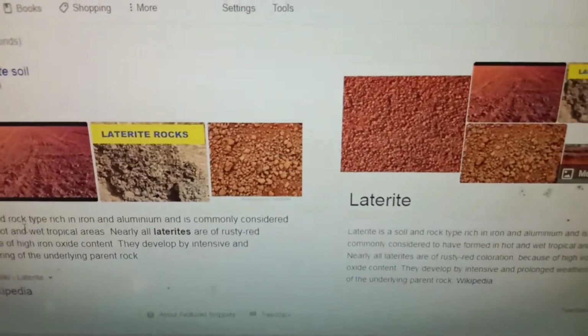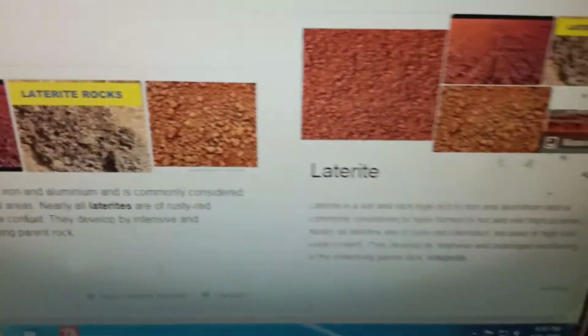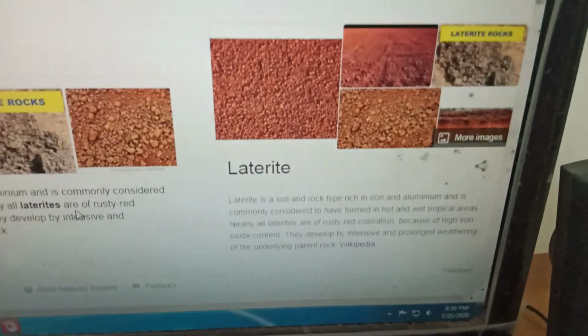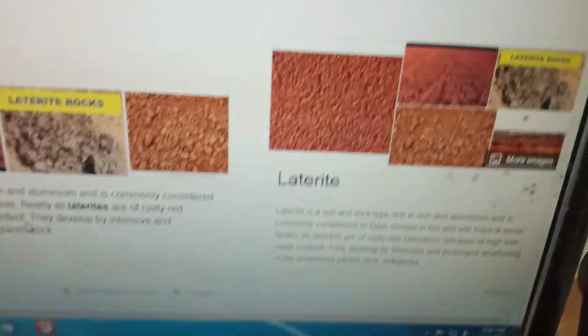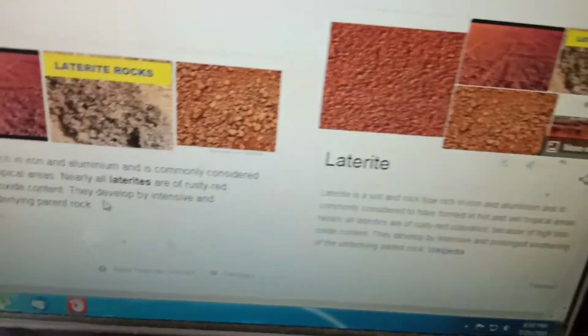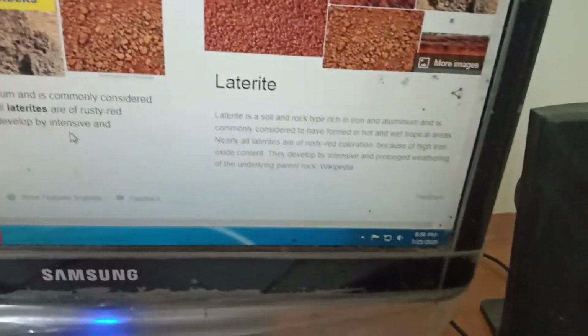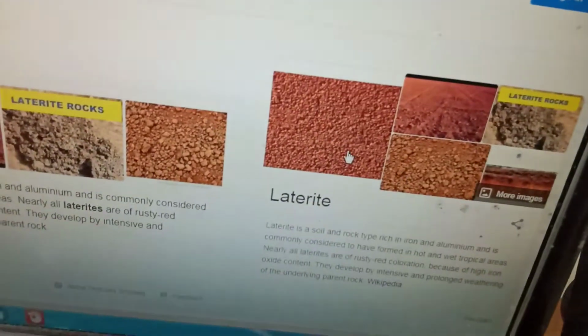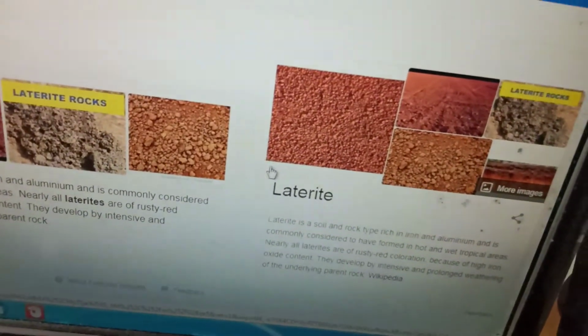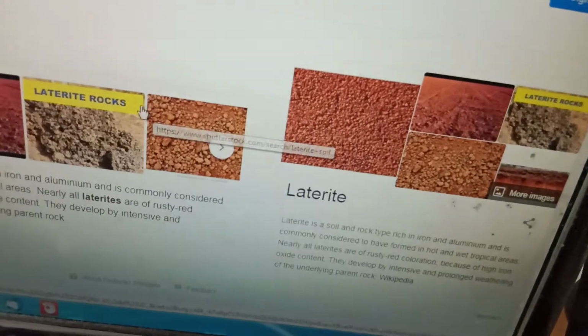Laterite is a soil and rock type rich in iron and aluminum and is commonly considered to have formed in hot and wet tropical areas. Nearly all laterites are of rusty red coloration. Here you can see a red color. This is because of high iron oxide content.